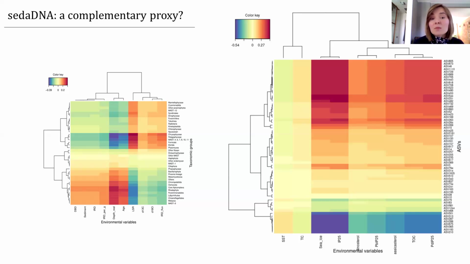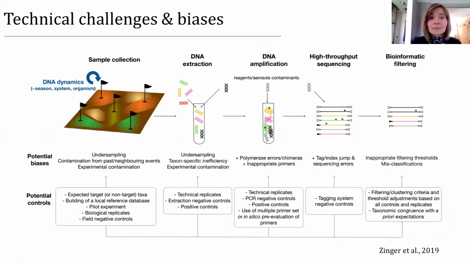So we can see that we have both groups, taxonomic groups or genetic variants, because here are amplicon sequence variants, that can be correlated, in some cases very strongly, with very specific environmental conditions. Of course, this is something that needs to be tested. This is our ongoing study from Svalbard. But this is the next and very necessary step in developing and applying sedimentary ancient DNA as a regular proxy.